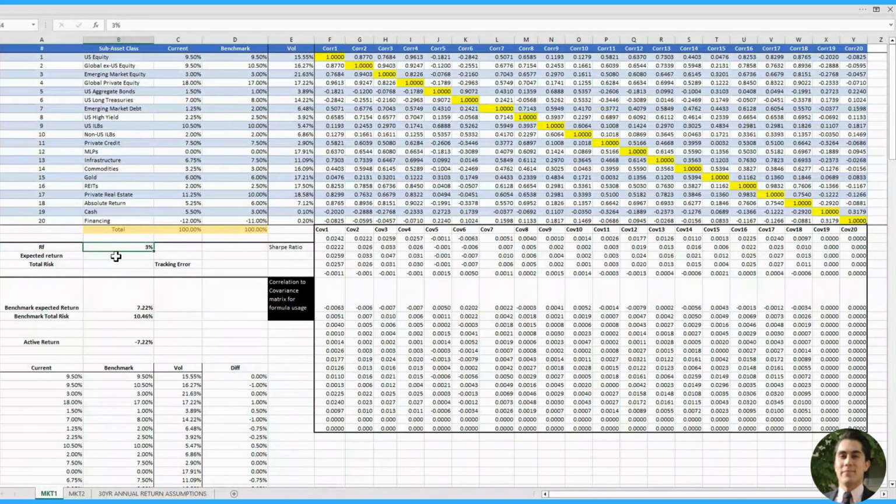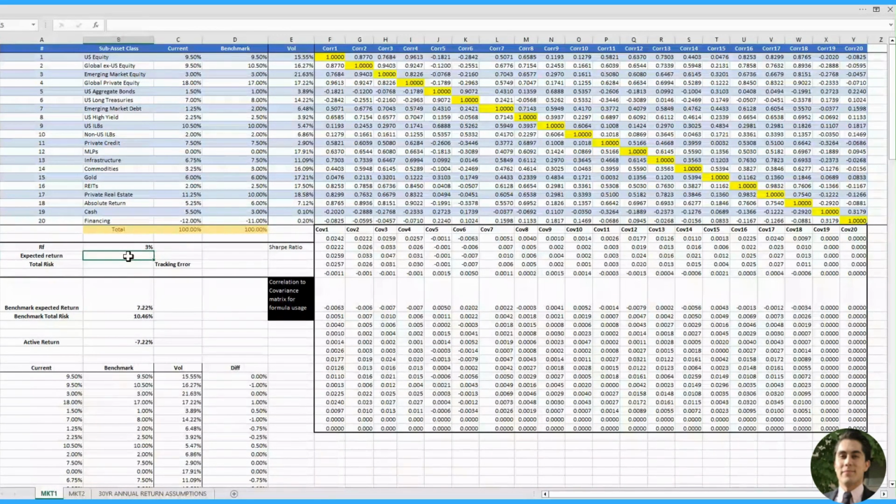Then the first step is to calculate the expected return. The formula is easy. It's the sum of the returns based on each weight, right? So how much is the US equity return plus the global equity return, based on its weight and return, and then you add it up.